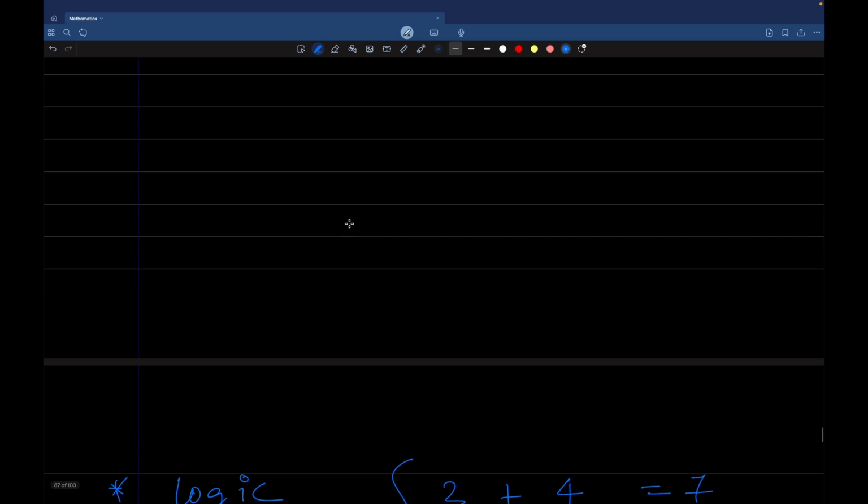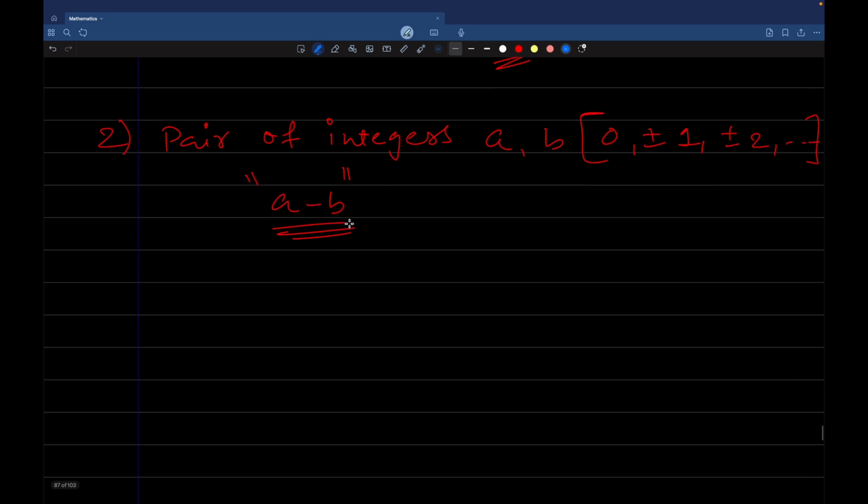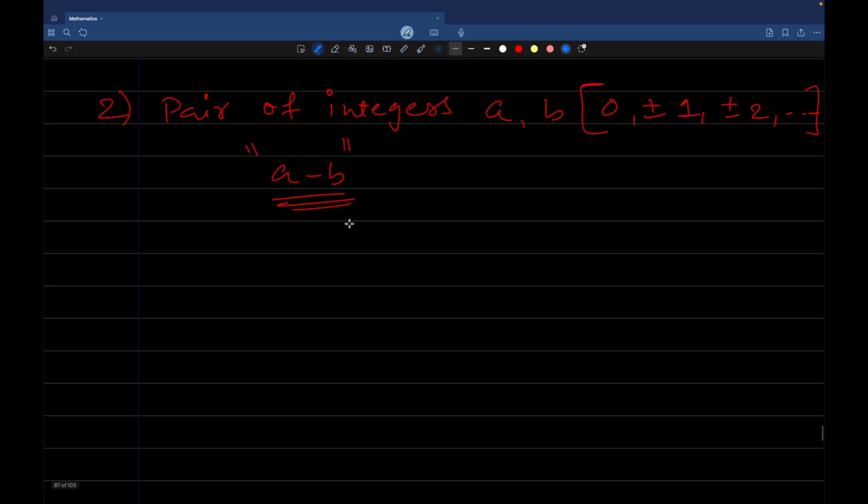Now let us solve the question. Question A says that we have to find the difference as negative.